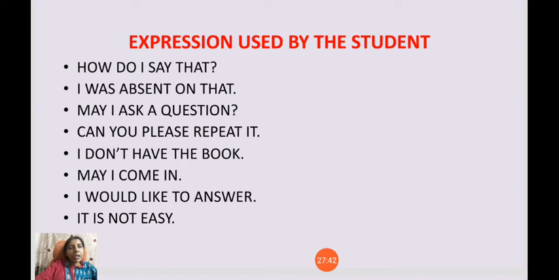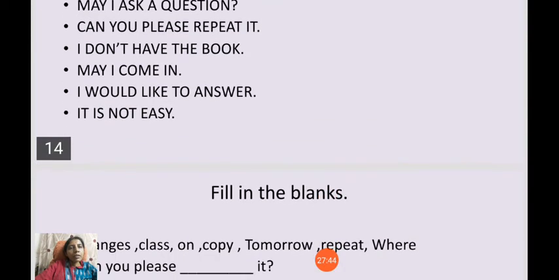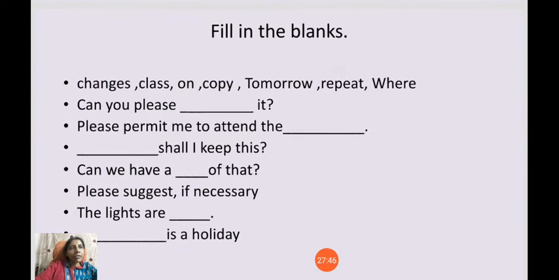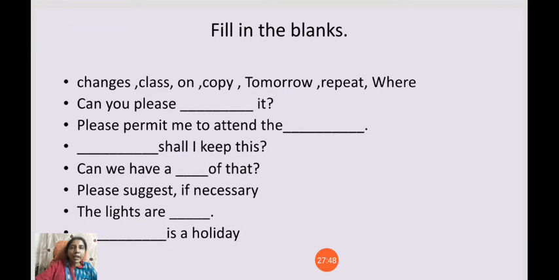Okay, now let's move to something different. Fill in the blanks. How do you fill in the blanks? In the first line, there are some words given to you.